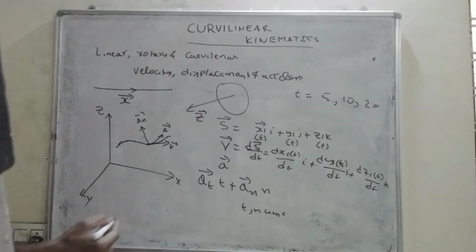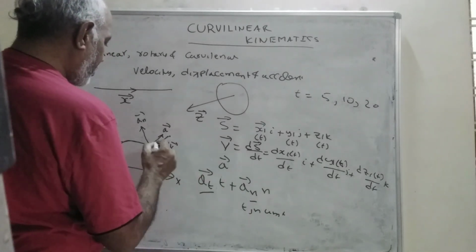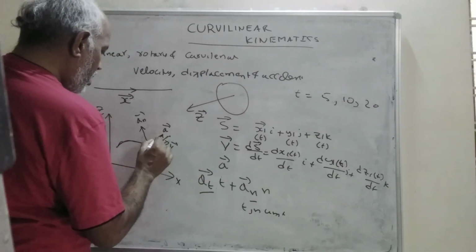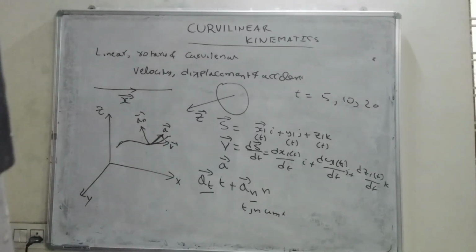So the question is how to determine this tangential acceleration and normal acceleration. So that is what is called curvilinear kinematics.